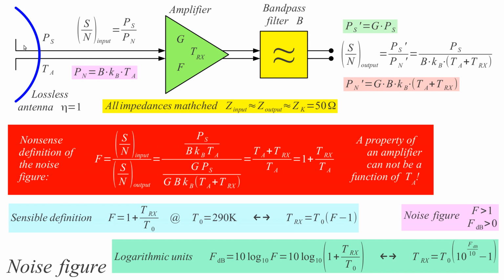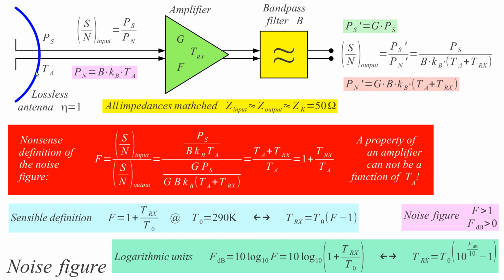One case was that we have a lossy cable here, like a long coaxial cable line. And that lossy coaxial cable line has a very defined noise temperature. It's not an antenna, but still a coaxial cable at room temperature radiates as a black body at room temperature if its loss is large enough. So it's not TA, but it's T0 here.